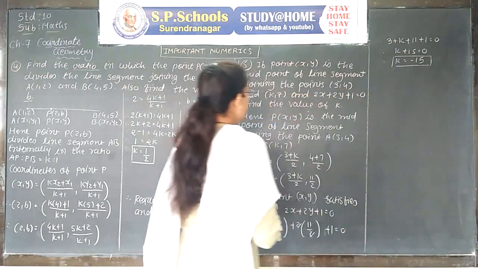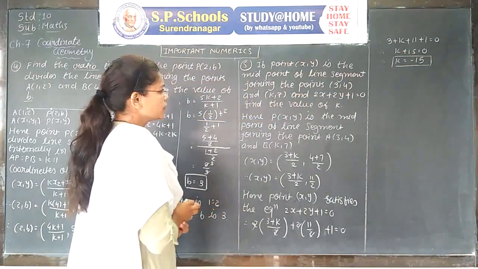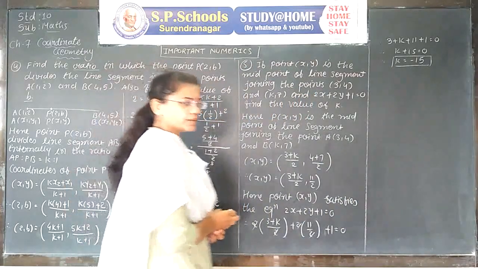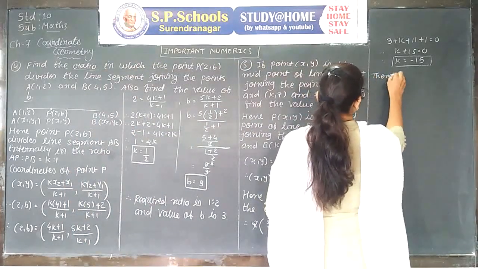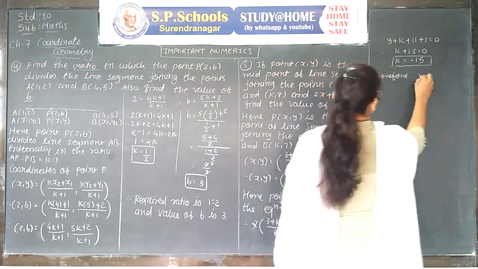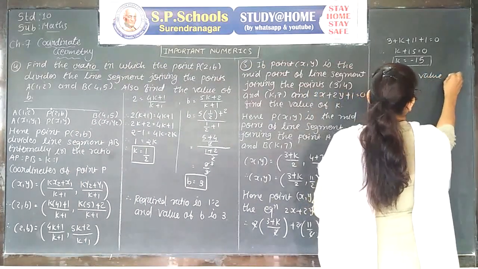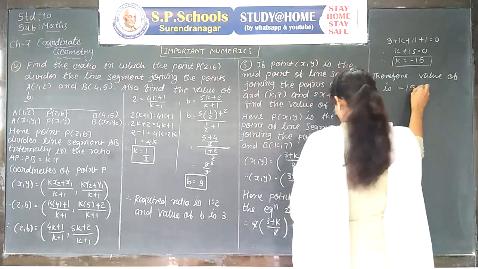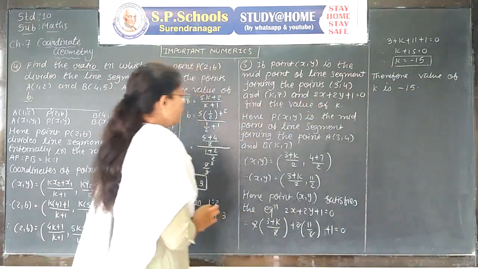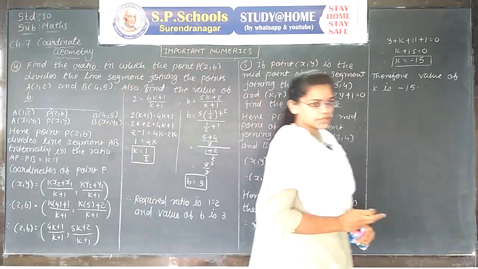Here the required value of k is minus 15. Finding the value of k is completed. Therefore, the value of k is minus 15. Hence the fifth question is completed.